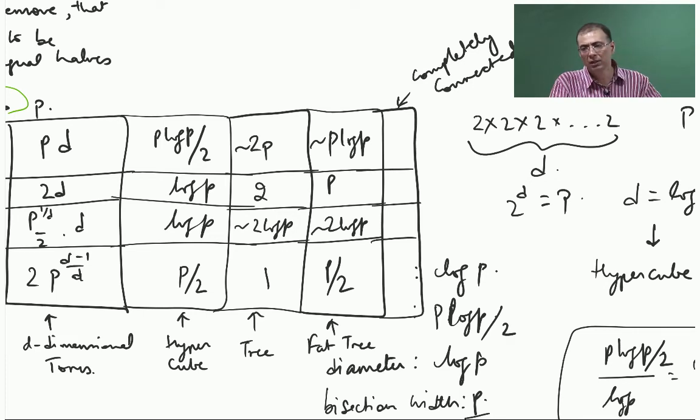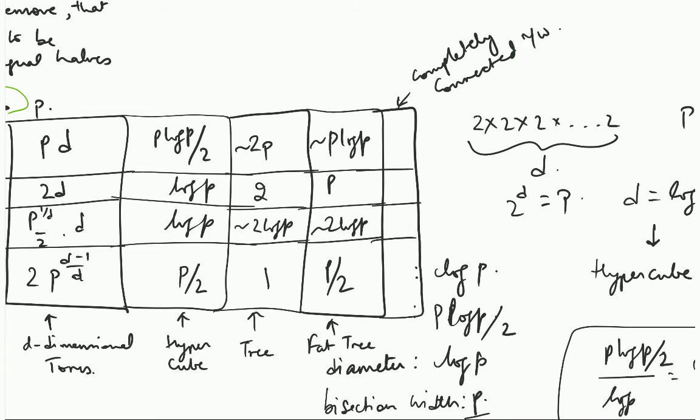Let's take it as p. And with a total of p nodes, it is p times p, and every link is counted twice, so p square by 2. Fully connected, you remember: every node is connected to every other node, the one we started with. So p square by 2 is the number of links.